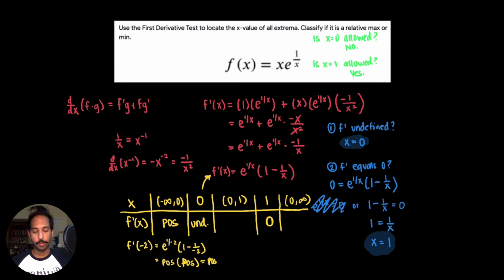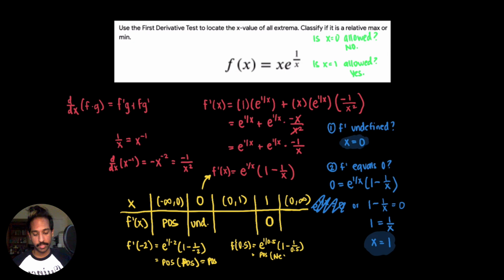Now between 0 and 1, we can test like 0.5. f prime of 0.5 equals e to the power of 1 over 0.5 times 1 minus 1 over 0.5. This is going to be positive times a negative, because 1 over 0.5 is the same thing as 2, so 1 minus 2 is negative 1.